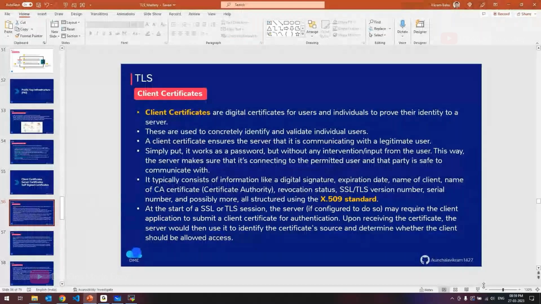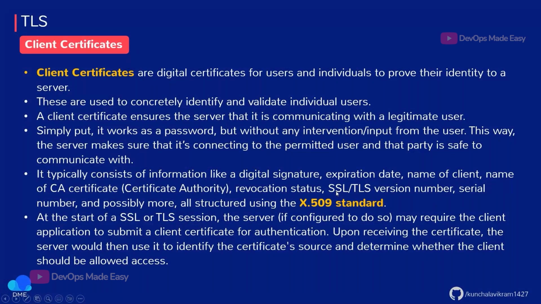So client certificates means the client has to prove his identity. These client certificates also have to be signed by your certificate authority. Otherwise, the server will not authenticate you even though you have a client certificate, because the certificates are not signed by the CAs. Maybe it is signed by you or by some unknown CA which is not known to your server.